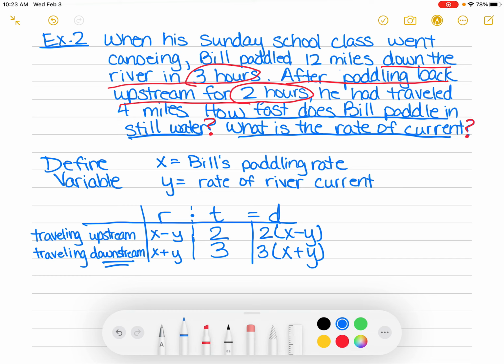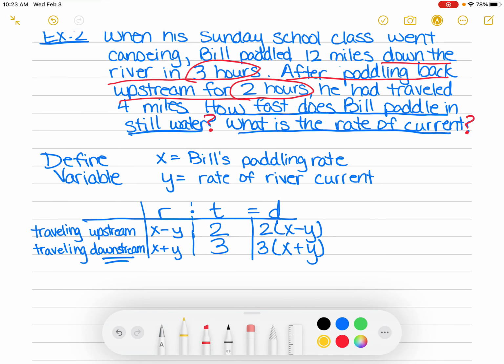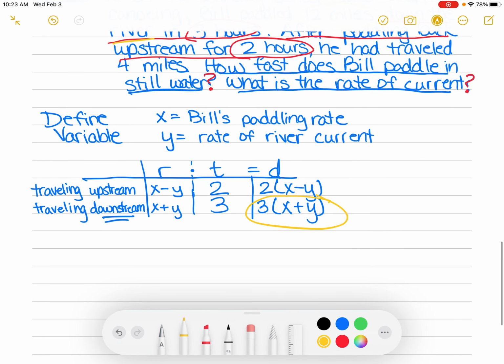So we need to say, do we know the distance in these problems? And we do. On this first one, it says he went 12 miles down the river. So that means I'm going to use this one, the downstream, and I'm going to make that, because it's distance, I'm going to make that one equal 12.